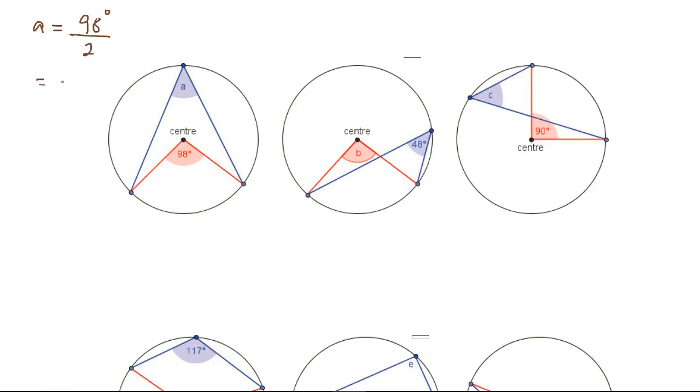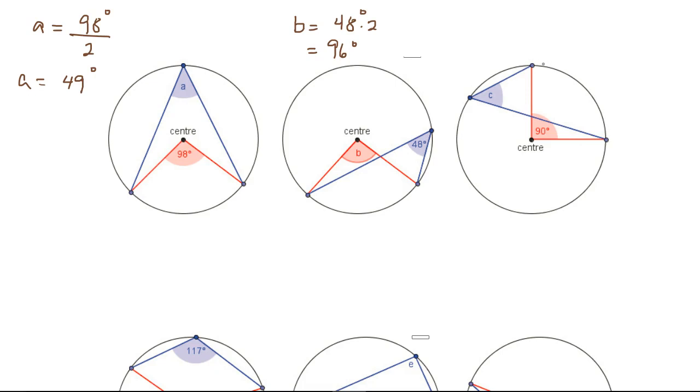That is 49 degrees. For B, the central angle is always double the subtended angle. So we have 48 multiplied by 2, then we have 96 degrees.